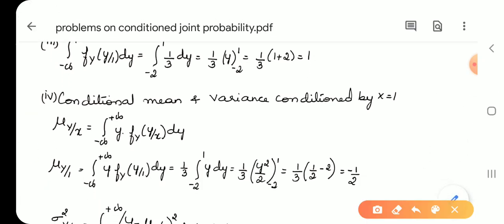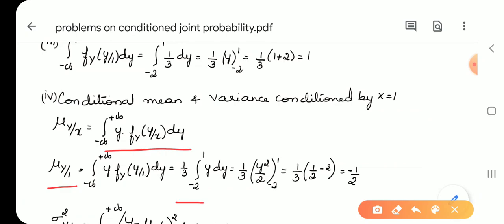Conditional mean and variance conditioned on x is equal to 1. Let us write the formula. Mu of y by x is equal to the integral from minus infinity to plus infinity of y into fy of y by x dy. So the value of x is 1. It is defined for minus 2 to 1.